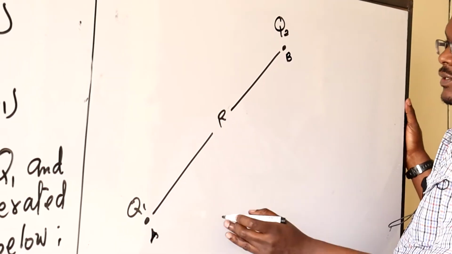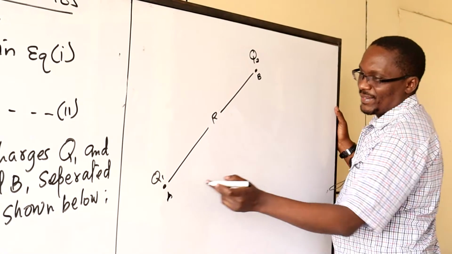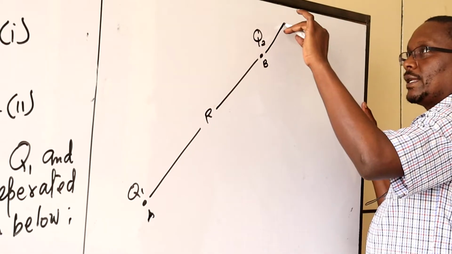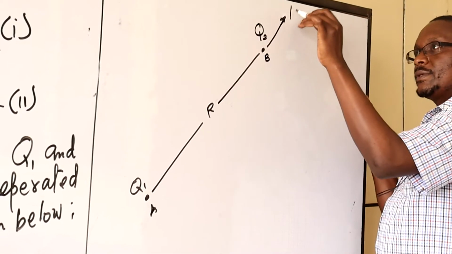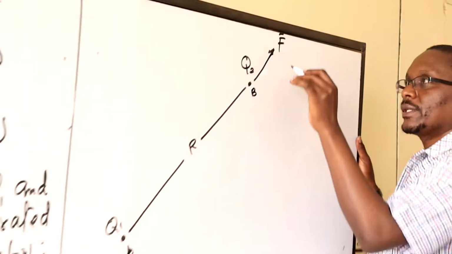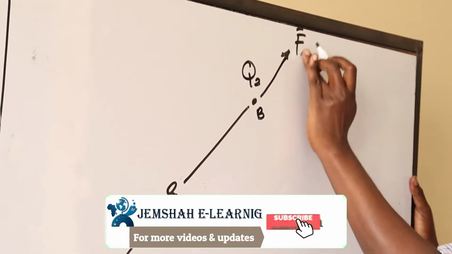Now the force on charge Q2 due to charge Q1 goes in that particular direction, and we'll represent that as F, we can say AB, or we can say 1, 2. So let us say AB.